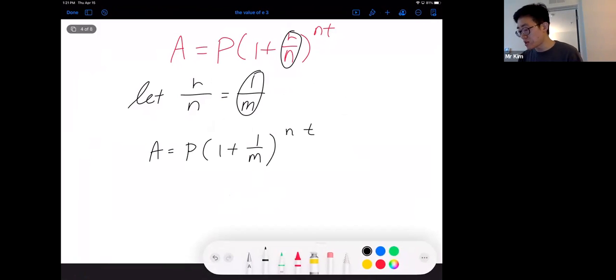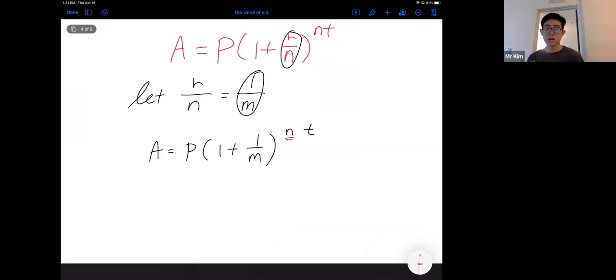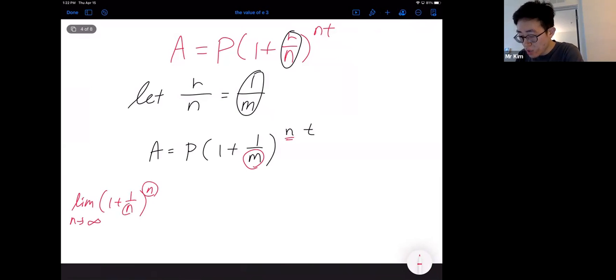Now, the problem here is that n is no longer going to be effective. We change the value of n to m right here. And when you take the limit, I'm going to just write here so that I don't have to keep on switching back and forth. We want these two letters to be the same thing. So somehow I want to transform this n into terms of m.